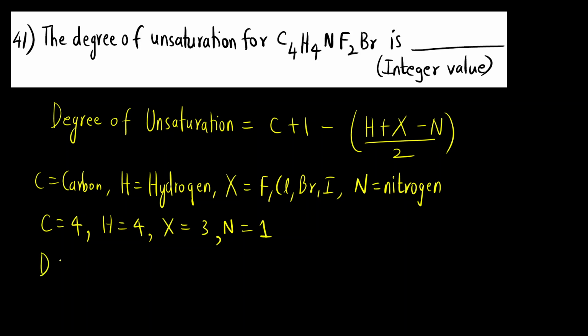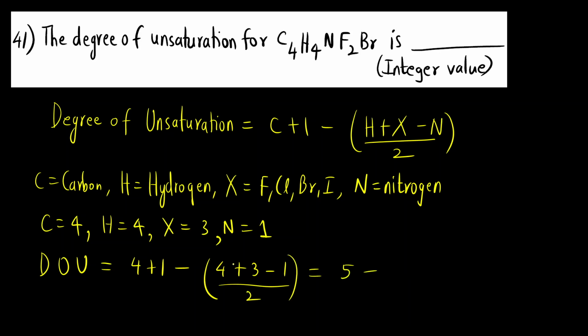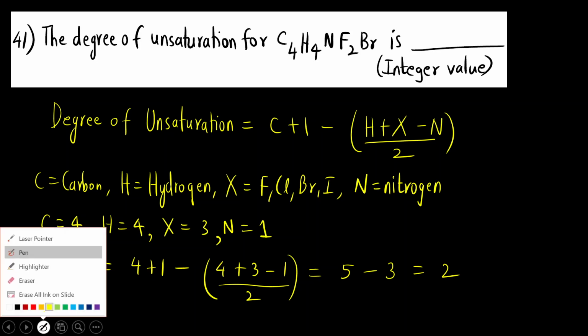So degree of unsaturation, DOU in short, is equal to carbon 4 plus 1 minus (H is 4 plus halogen is 3 minus nitrogen is 1) divided by 2. 4 plus 1 is 5, minus (4 plus 3 is 7, 7 minus 1 is 6), 6 divided by 2 is 3. So the correct answer is 2.